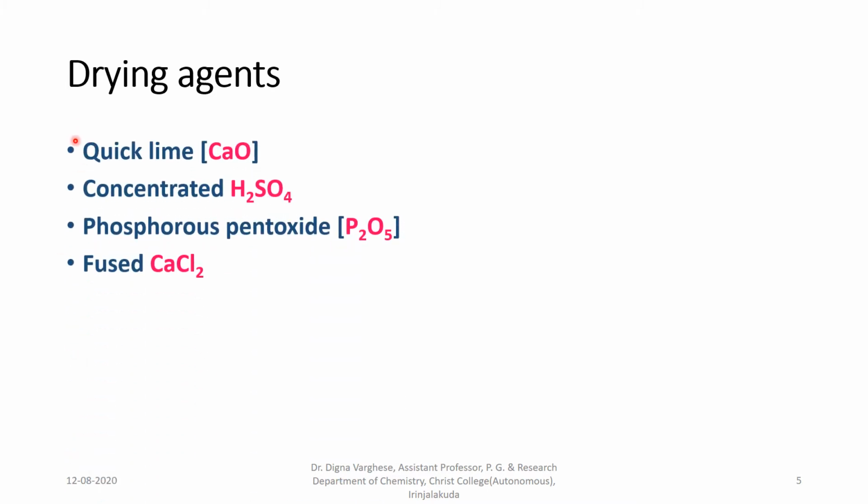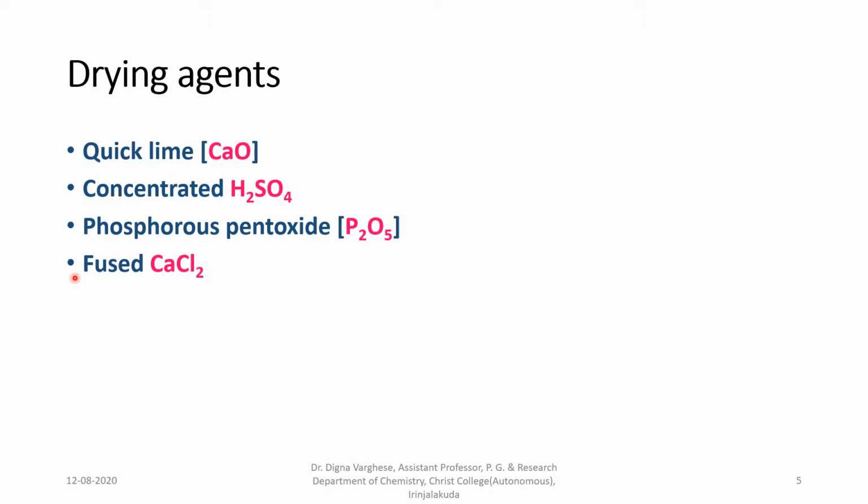The prepared ammonia is dried by passing it through a drying agent. We know the common drying agents in the lab are quicklime, that is calcium oxide, concentrated sulfuric acid, phosphorus pentoxide and fused calcium chloride.